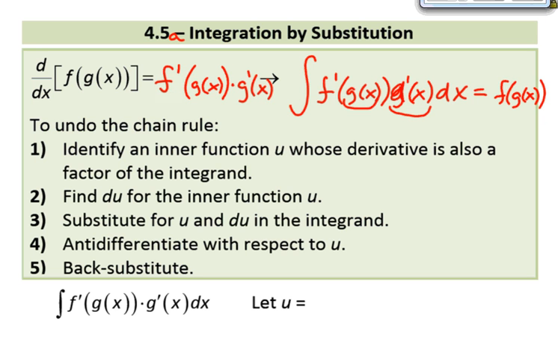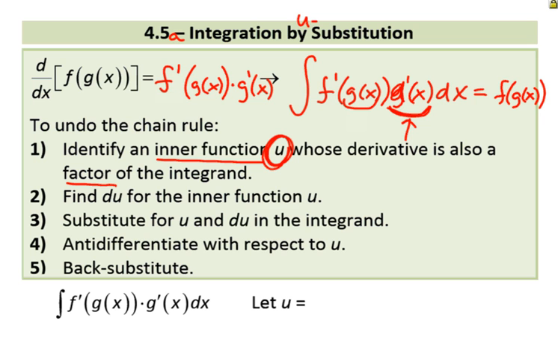So in other words, I want to undo the chain rule. To undo the chain rule, first we want to identify some inner function, and we're going to call that inner function u. That's why we call this integration by substitution, or u substitution. So I'm going to call this inner function u, whose derivative is also a factor of the integrand. You can see that here with g prime of x, that is a factor inside the integrand.